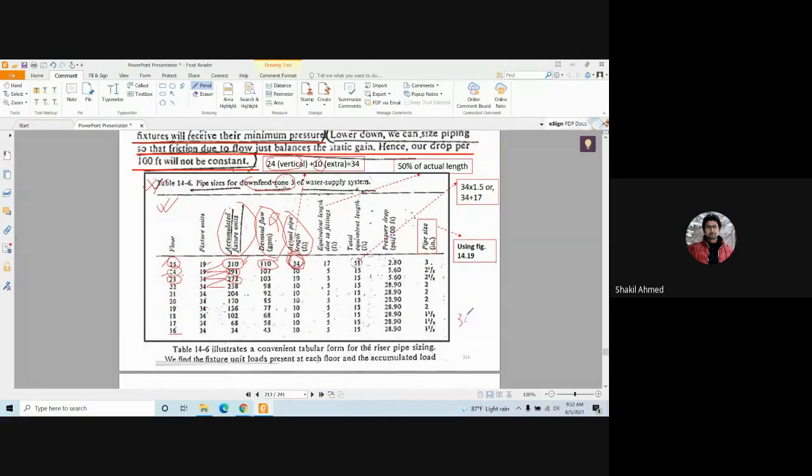So 34 into 0.5, that is 17. So total length will be 34 plus 17, which is 51. Or you can write 34 into 1.5. Whatever approach you take, you will get 51.